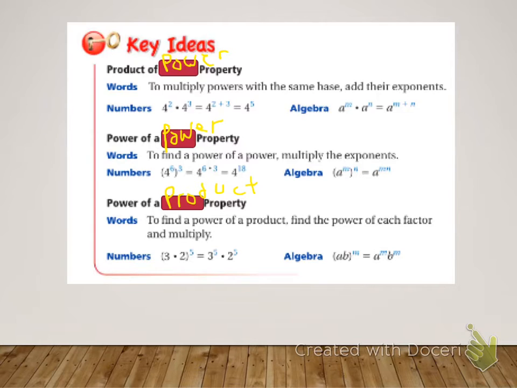Yeah, you could probably do this easier with it being numbers, but we're preparing you for the algebra stuff where you're not going to have numbers. You're going to have letters, like this: ab to the m power is a to the m times b to the m.